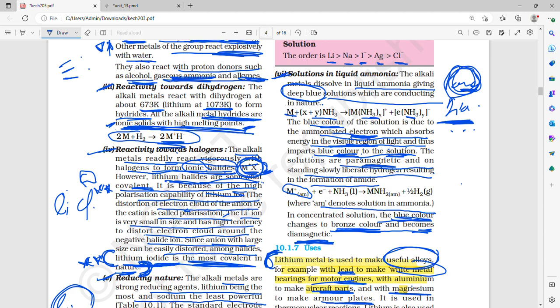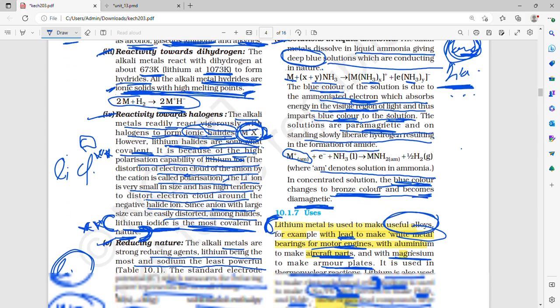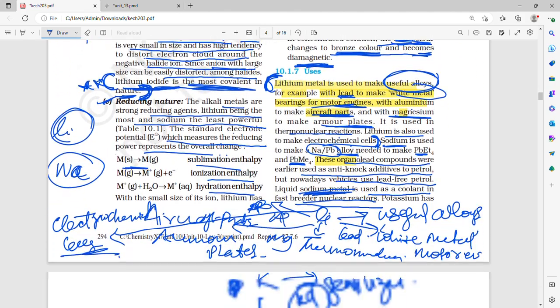If you leave the solution standing for a long time, it will liberate hydrogen and amide formation will take place. In concentrated solution the blue color will change to bronze color and become diamagnetic.